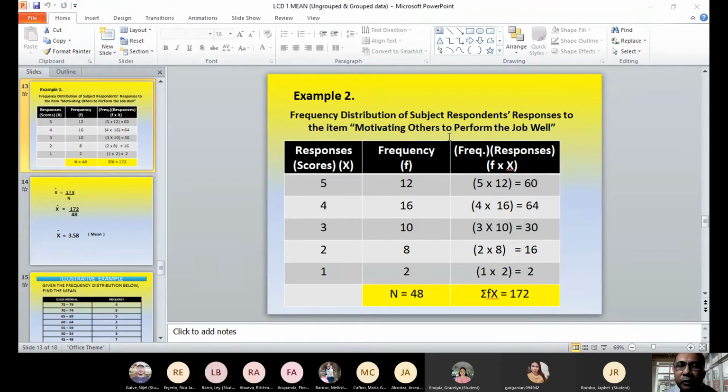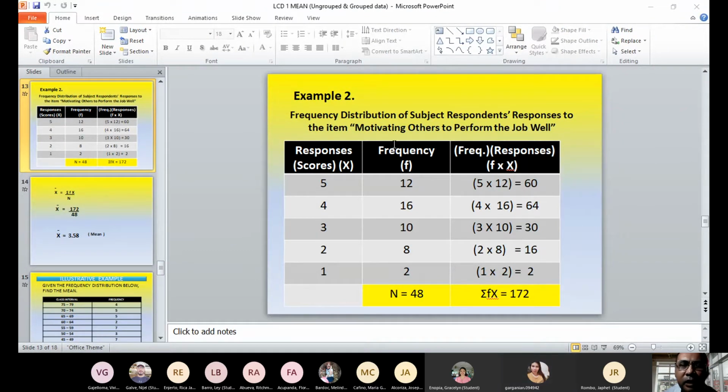Now, for the verbal interpretation, if your problem is what is the level, this is what you will use. If your statement of the problem is to determine the extent, meaning what is the extent of the variables, then you change this verbal interpretation.